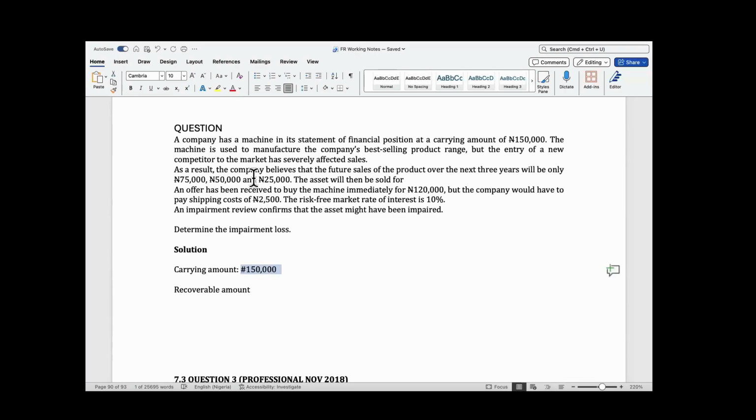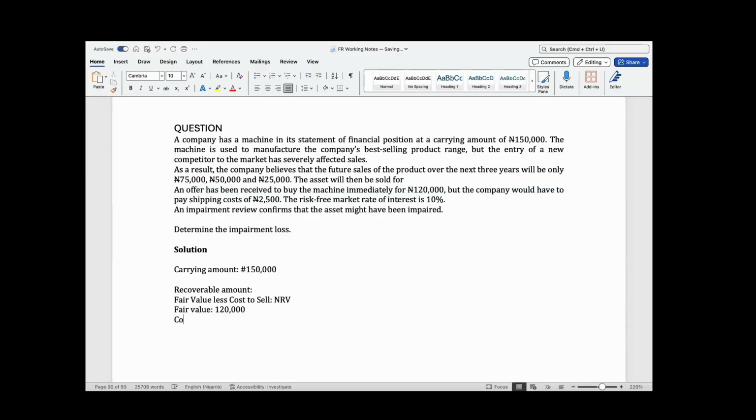So to get my recoverable amount, I would need fair value less cost to sell, which we can also call NRV, net realizable value. In this case, I can get that in the last paragraph. I was given the fair value, which is the selling price, as 120,000.